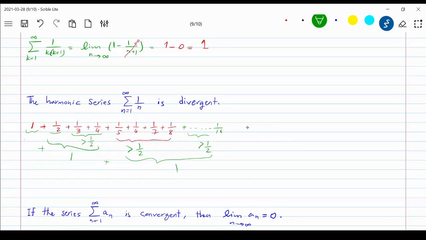Any number that I consider as the limit of this series, I can always surpass by finding where I need to stop for the Sn. So the Sn, the sum of the first n terms, can always surpass any large number. Let's say if I go from 1 over 17 to 1 over 32, this would be again greater than 1 half, and so on.